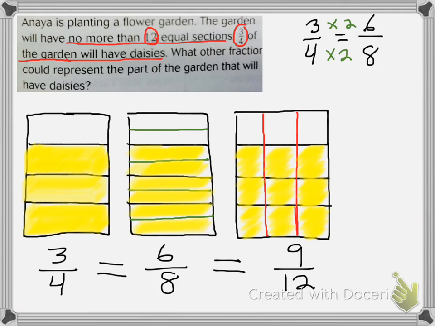And then we also had 3/4 equal 9/12. This time, multiplying the numerator by 3 and the denominator by 3. So we made our equivalent fractions.